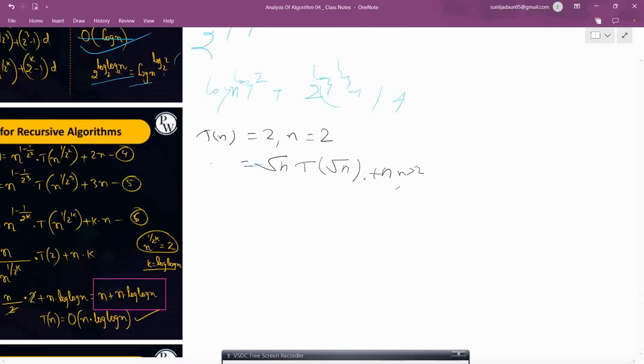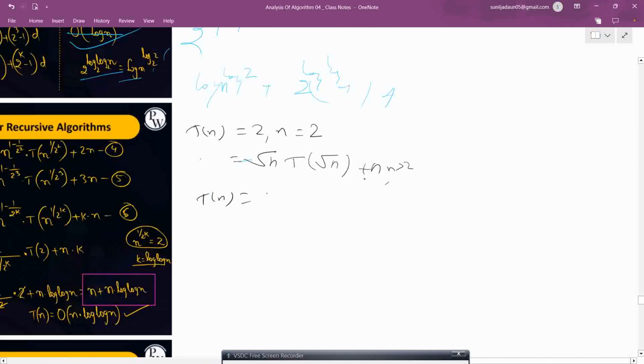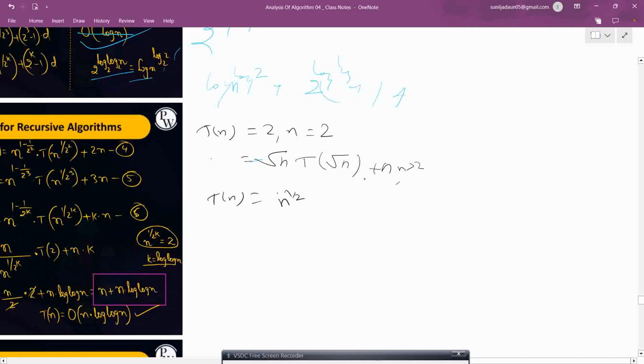here, right? The equation is that T(n) is equal to n power 1 by 2, T of n power 1 by 2, plus n, right? If we go, T(n) 1 by 2 and 1 by 4 plus n, T of n power 1 by 4 plus n, right?